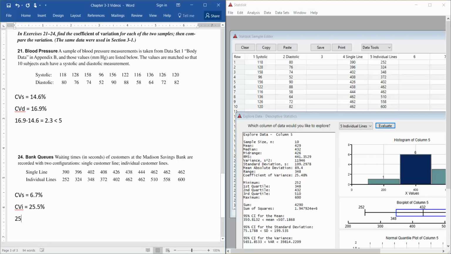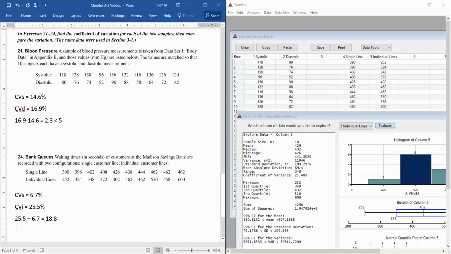And when we take the 25.5 and subtract 6.7, this is obviously going to be greater than 5. So that's 18.8, greater than 5.